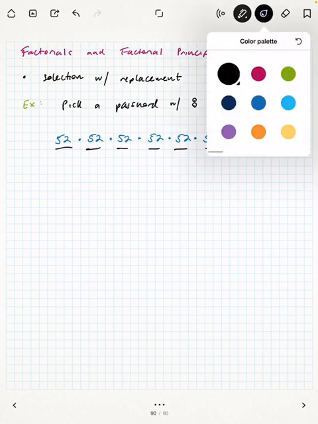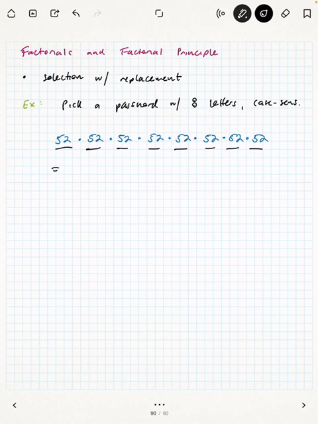So in other words, the total number of possibilities for your password is 52 to the 8th power, which is roughly 5.35 times 10 to the 13, which is an astronomically high number.